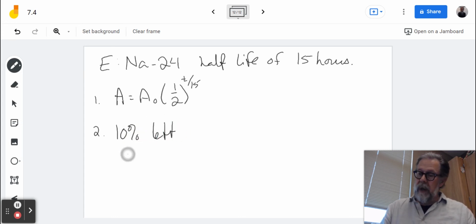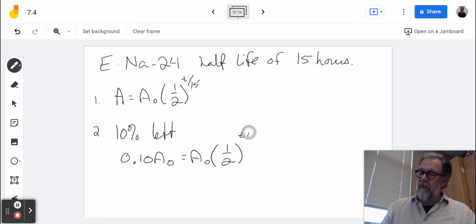We would be able to just say, well, when we have 0.1 of the original amount, that's equal to the original amount times 1/2 to the t over 15. Reduce those. Natural log of 0.1 is equal to t over 15 times the natural log of 1/2.